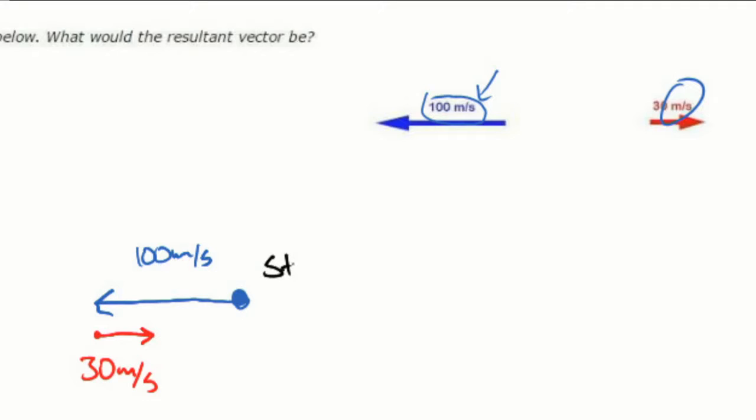Remember, this is where I started. Start. And it turns out that this is where I've ended here. So my resultant is from where I started to where I ended.